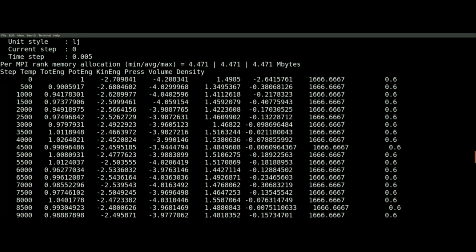This can be exemplified by looking at column 3, which is the total energy, and the total energy is not staying steady. It's staying close to steady, but not steady. The total energy in this case is made up entirely of the particle potential energy, arising from the interparticle interactions that I was talking about, and the kinetic energies. And if you look at both the potential energy and the kinetic energy, those also are not staying steady.